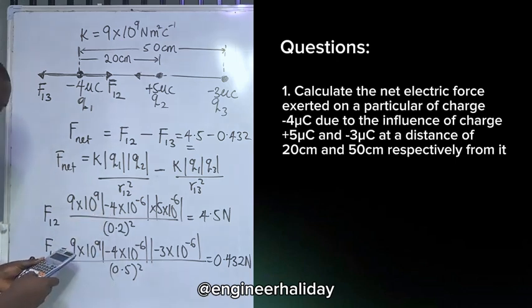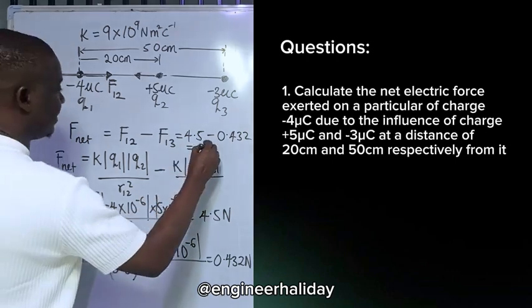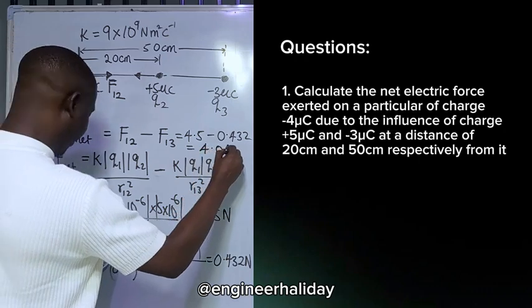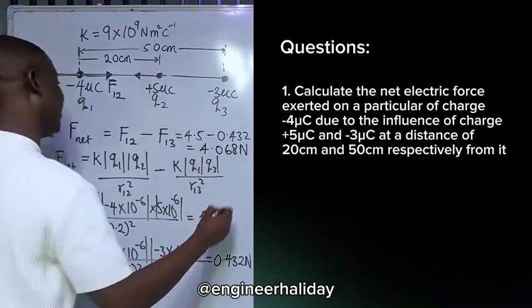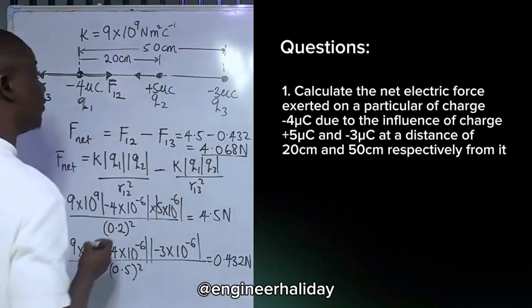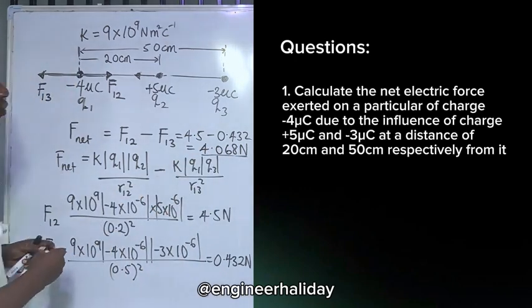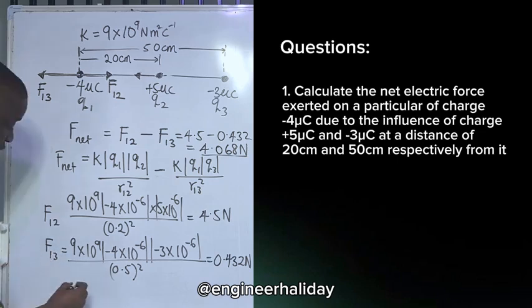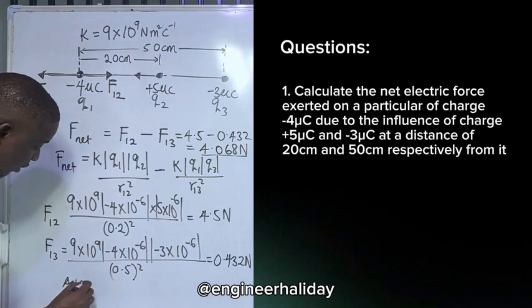So now 4.5 minus 0.432, I want to have 4.068 Newton. That will be our answer for that first question, 4.068 Newton, which is probably 4.07. So the answer will now be equal to 4.07.